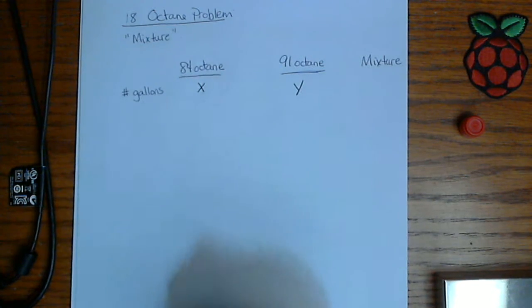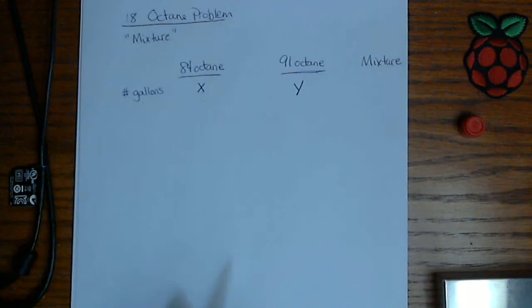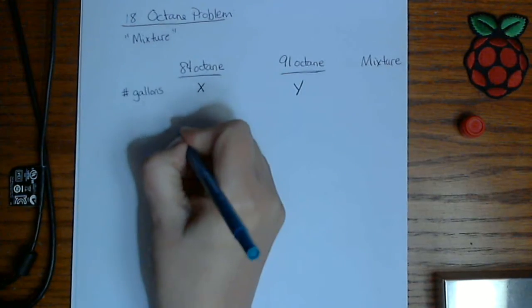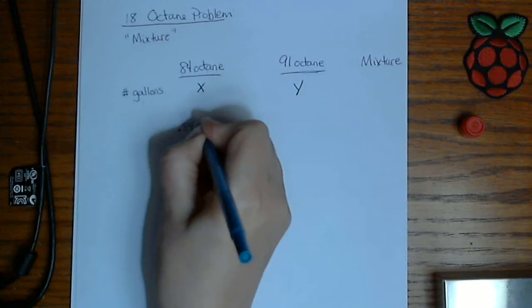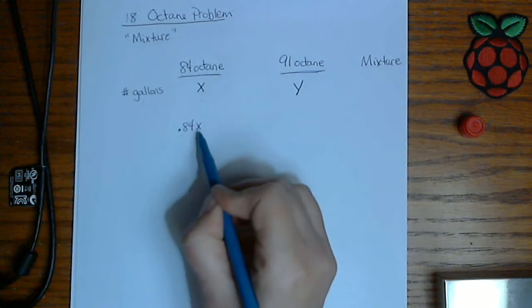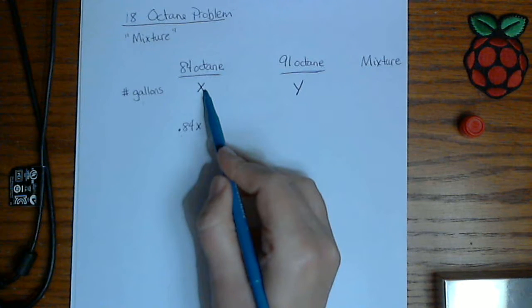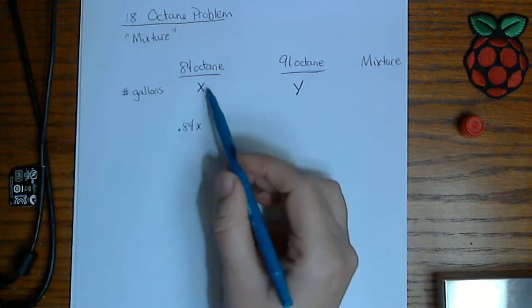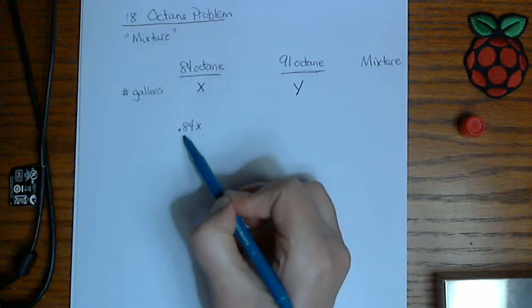So if we wanted to figure out just the number of gallons of octane, we would take 0.84X, and that would be the number of gallons of octane in X gallons of all the gas. Remember, it's 84% octane.